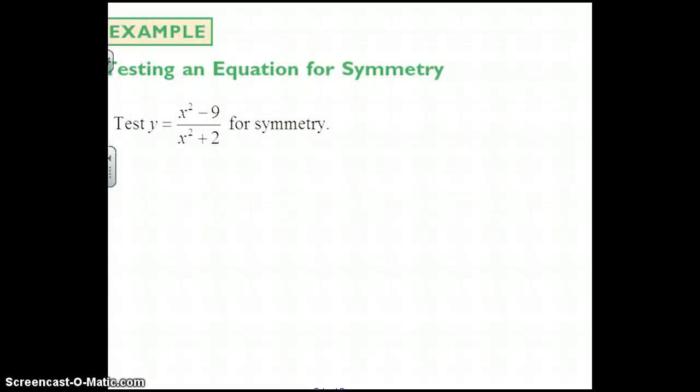To test for symmetry, if I don't give you a graph, I'm going to test first of all for x-axis symmetry. Remember, I'm going to replace the y with a negative y. So instead of saying y is equal to, here comes my first test for x-axis symmetry. I'll replace y with a negative y. So the question is, does negative y equal the same function?